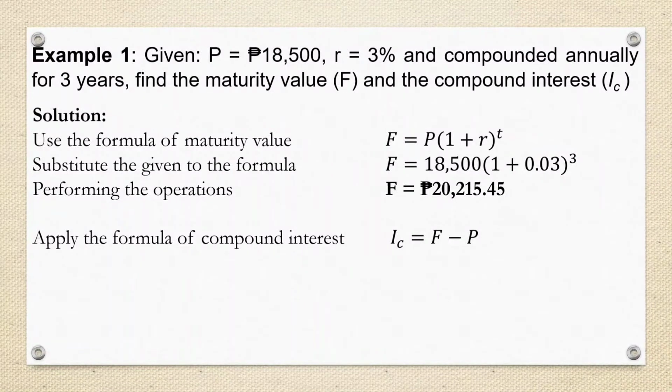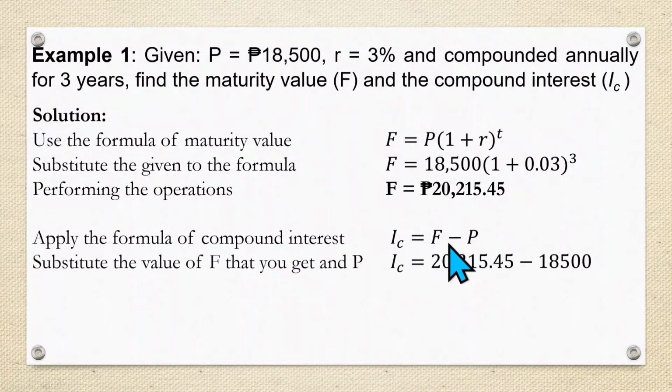So, in finding the compound interest, we're going to use the formula future value minus the principal. So our future value is 20,215.45, and our principal value or the present value is 18,500.